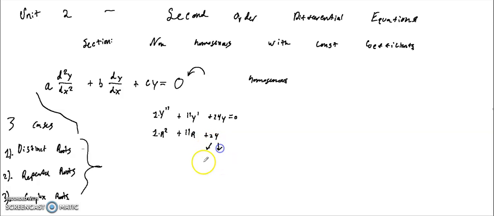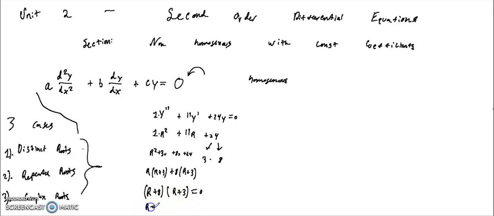And we can factor this out, just 3 times 8. 3 plus 8 equals 11, so we can get r squared plus 3r plus 8r plus 24, r times r plus 3 plus 8 times r plus 3, and we end up with r plus 8 times r plus 3 equals 0, so r equals negative 8 and r equals negative 3.